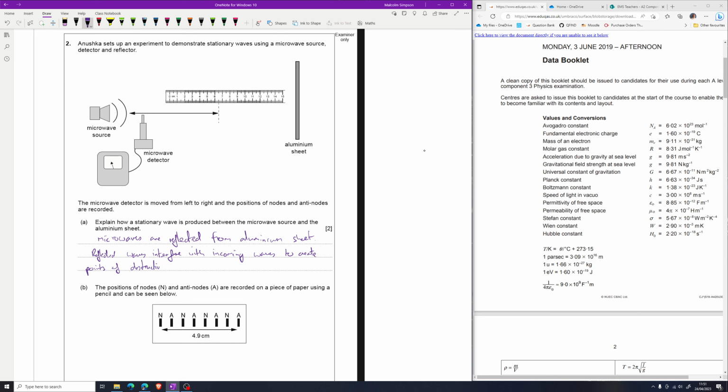Destructive (nodes) and constructive interference. I feel like 2 marks is pretty tight for that.